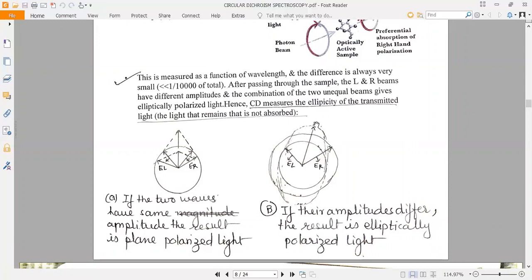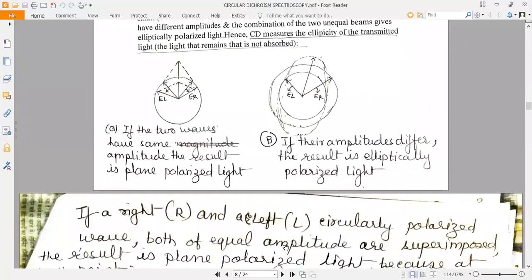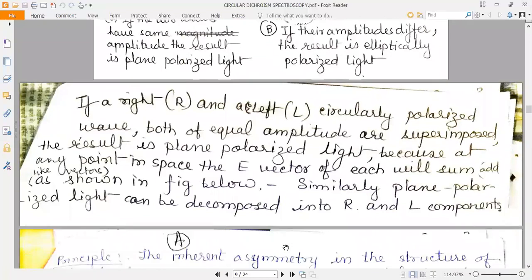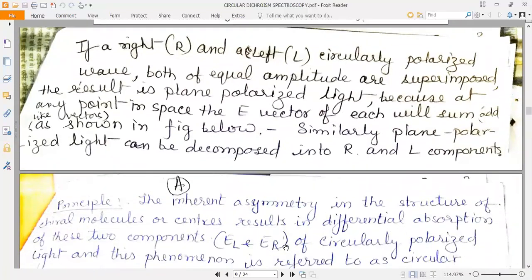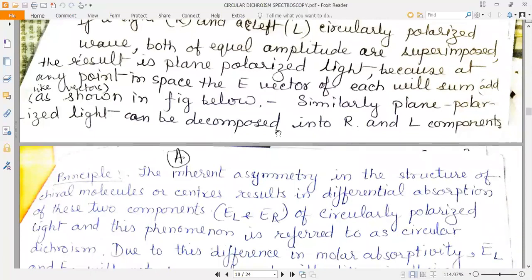Elliptical movement of the wave is seen, and this is called circular dichroism. Again, plane polarized light can be decomposed into R and L components.